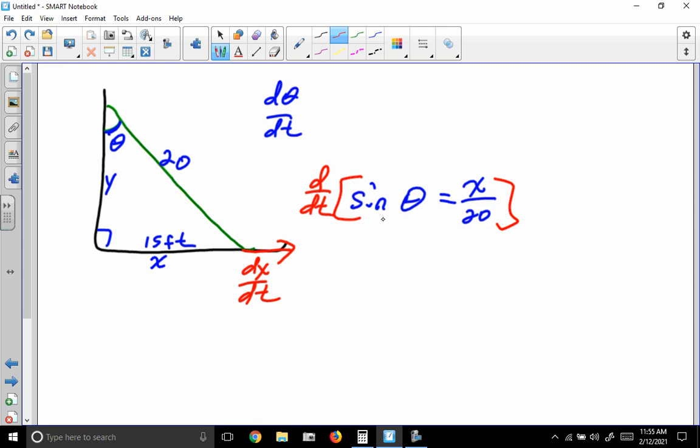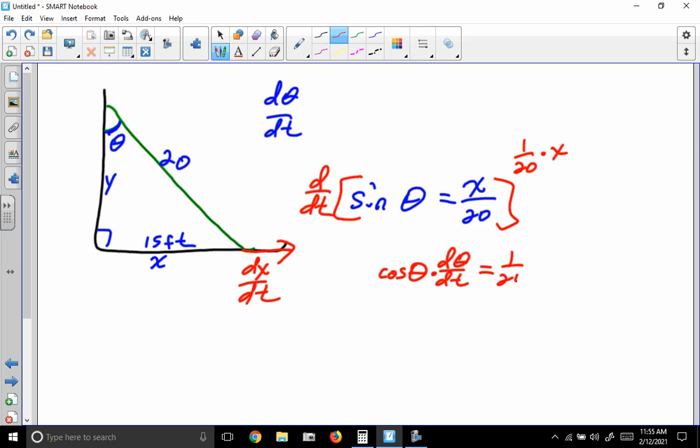So if we take the derivative of sine, that's cosine. But since our variables don't match, we also have to take the derivative of the inside. So this is the chain rule. The derivative of the outside is cosine times the derivative of the inside. The derivative of theta is d theta/dt. We could rewrite x over 20 as 1 over 20 times x.